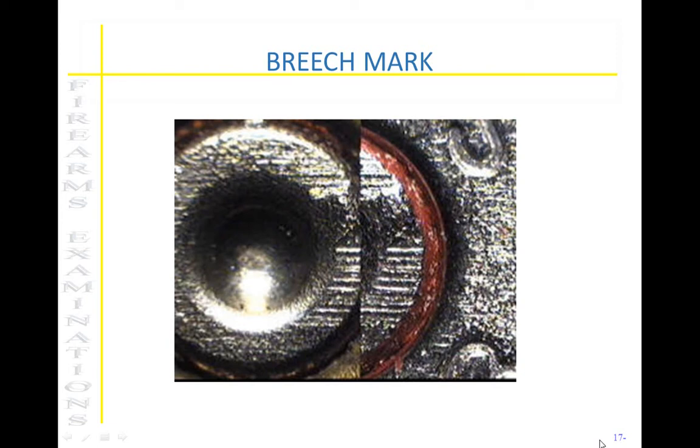So you can see there's a lot of different impressed areas or scratches and striations that can be used by that firearms examiner to compare items collected from the crime scene to known samples or known weapons.